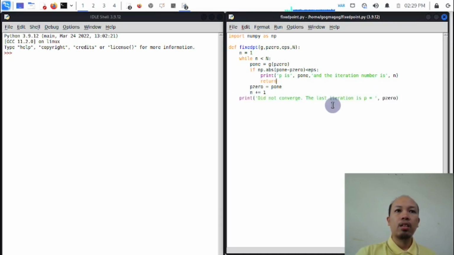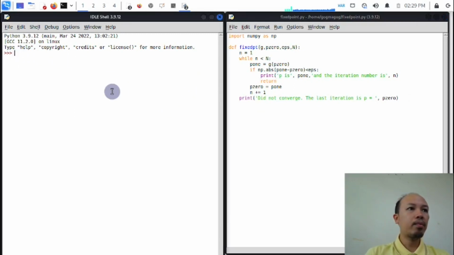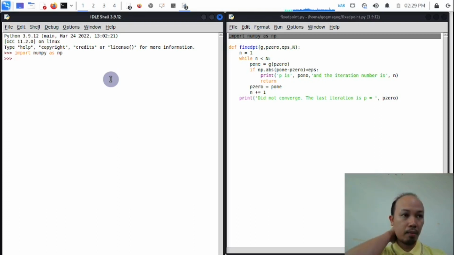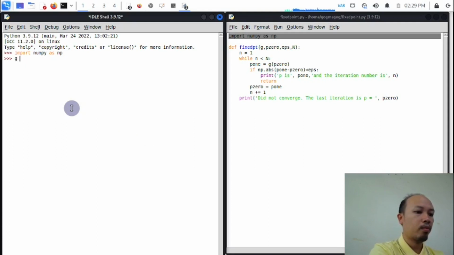Okay, so let's try to apply it. First, let's copy this and import our numpy package, maybe we have a function that will need it. Next, we are going to encode our function, lambda x.